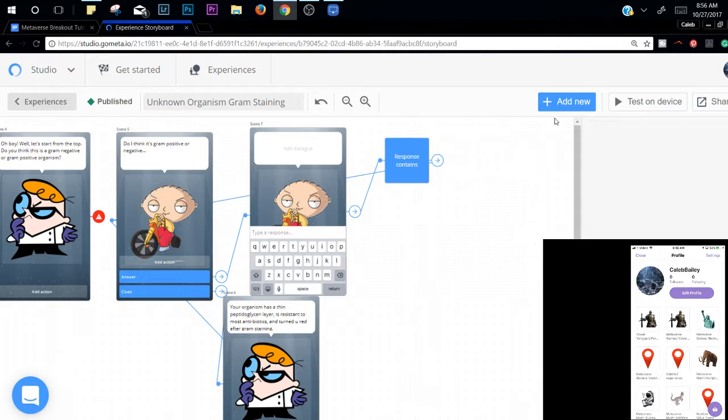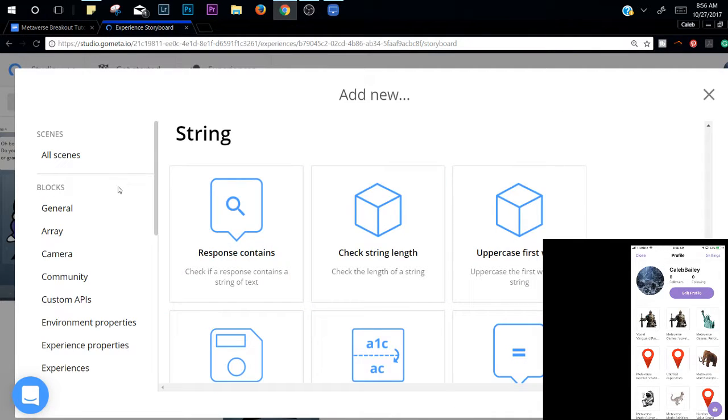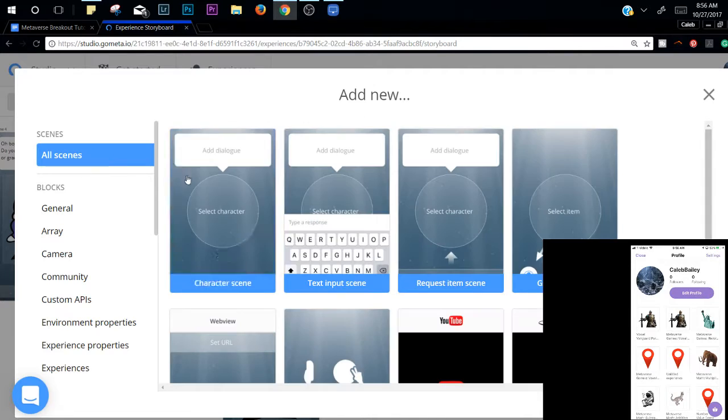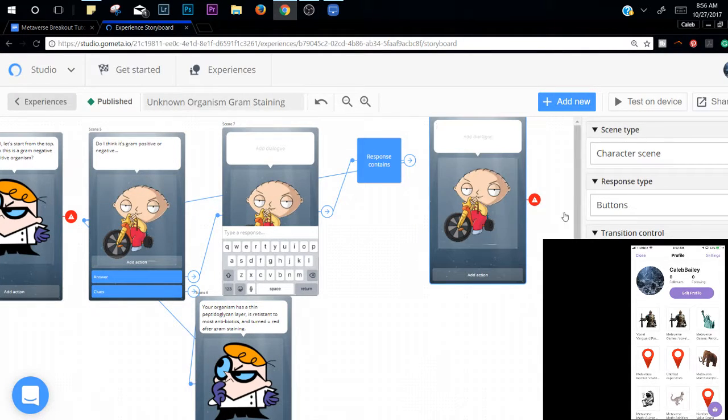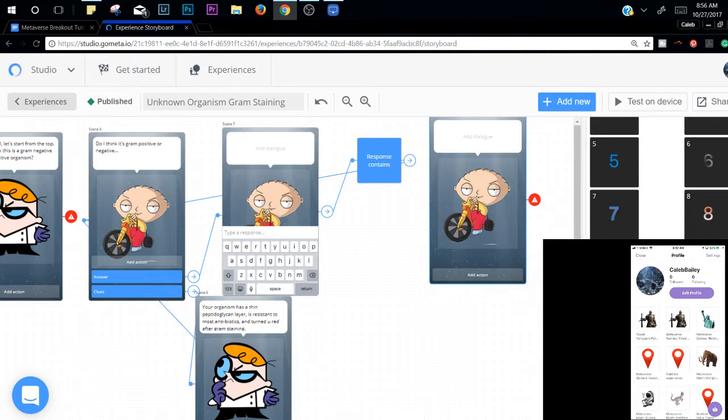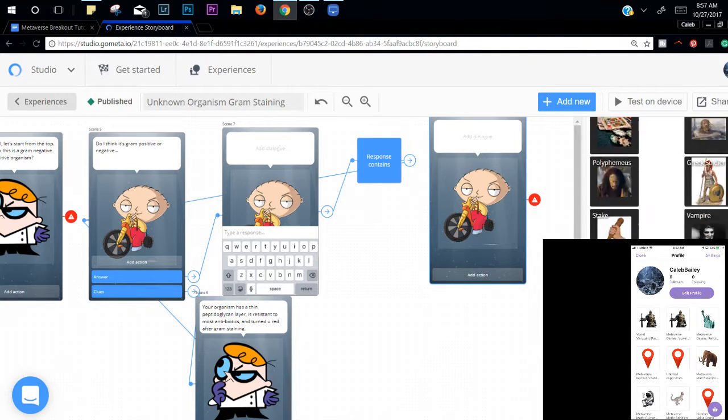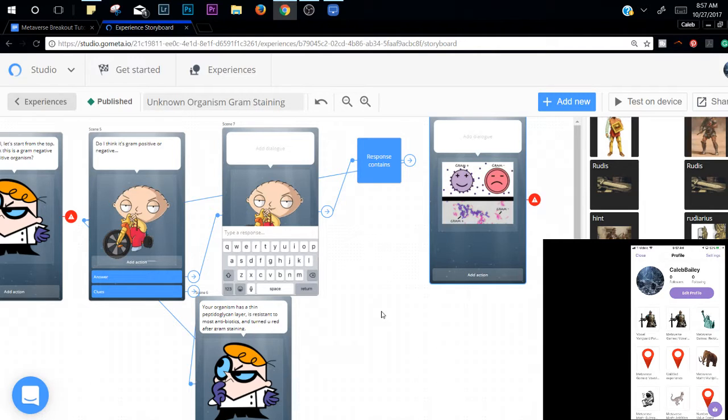not another string. In this case, we'll have a character scene, and then we'll put in this picture that I have of gram negative and gram positive bacteria.